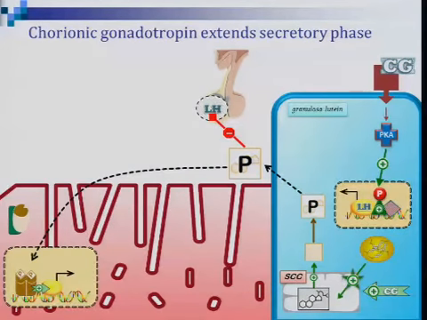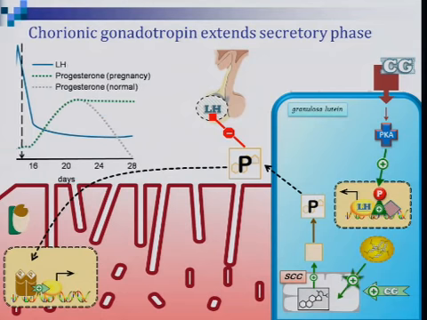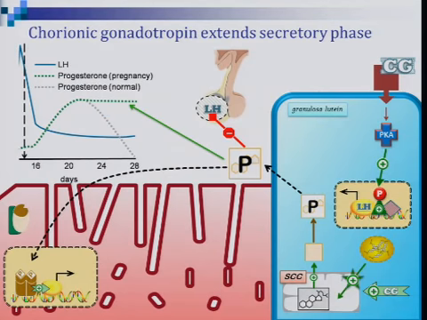Okay, that keeps this transcriptional program going and keeps this secretory phase endothelium preserved so that progesterone synthesis stays high. And I should say the chorionic gonadotropin is commonly abbreviated HCG, or human chorionic gonadotropin. That notation drives me crazy because we don't call anything else human, but that's what everybody calls it.